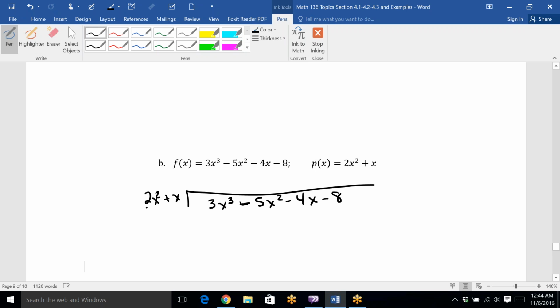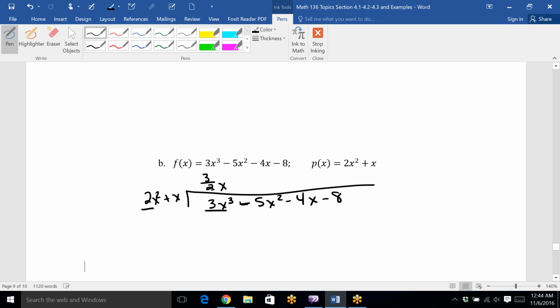So we ask, what do you multiply 2 by to make 3x cubed? Anytime you can't make this number into this one, there's a trick. We would need to use the number we're trying to cancel out as our denominator and the number we want as our numerator.